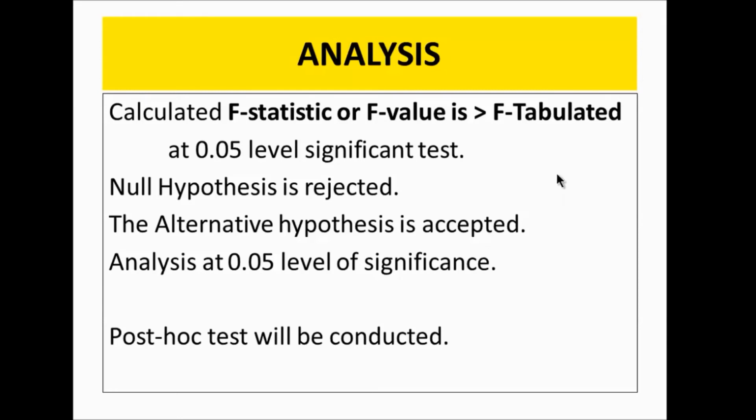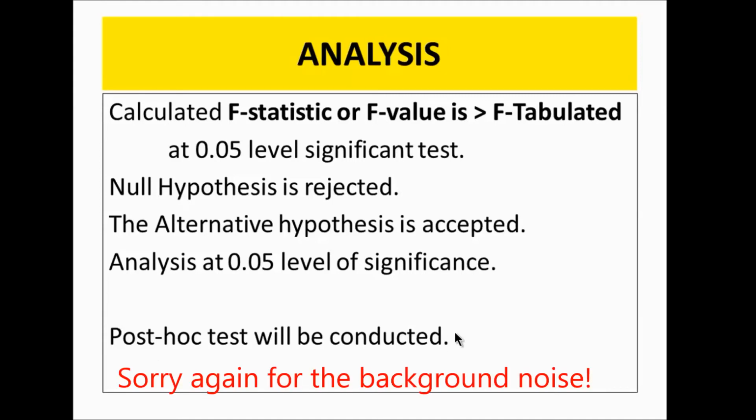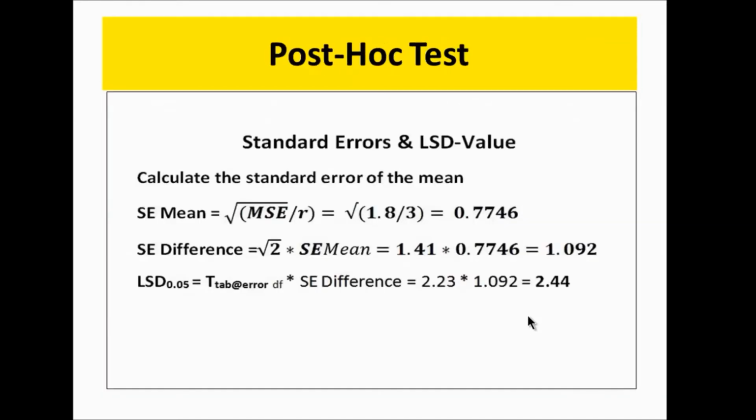Since there is a significant difference and the null hypothesis is rejected, we will continue to the post-hoc test. A post-hoc test is conducted to determine the significant differences between treatment means.